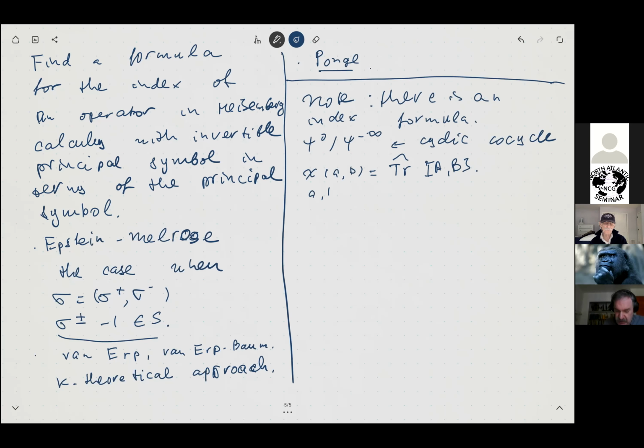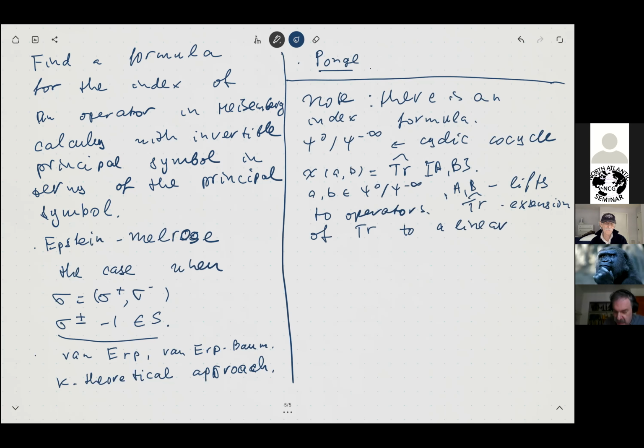Like this, where A, B are in the algebra of complete symbols, capital A, capital B are arbitrary lifts to operators, and the result does not depend on them, and trace hat is an extension of trace to a linear map from zero-order differential operators to complex numbers, well, continuous, perhaps.